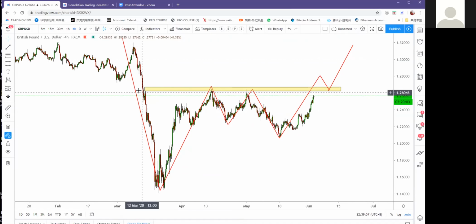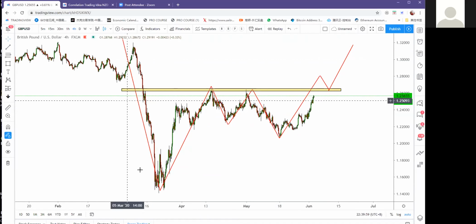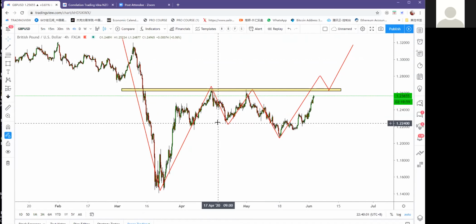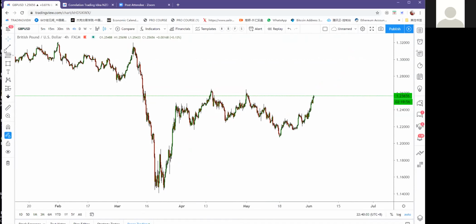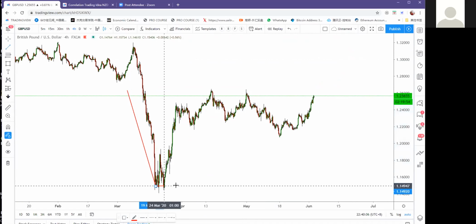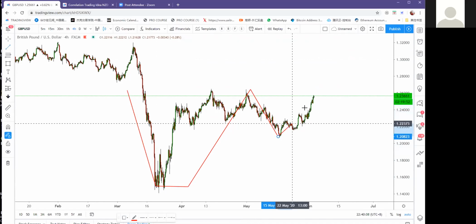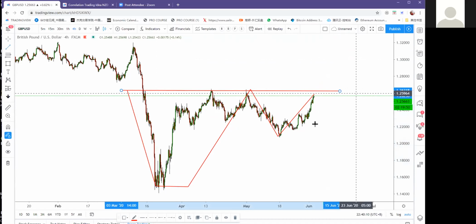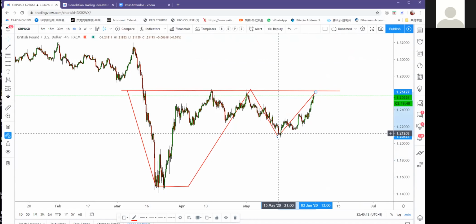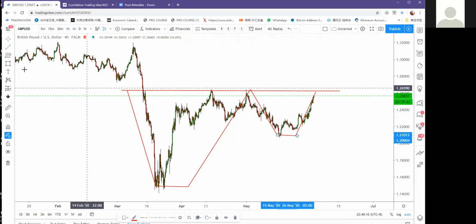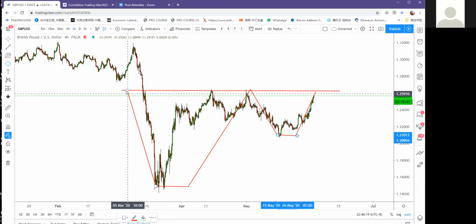Because this actually makes a super good bottom pattern, which is a cup and handle. You can consider this as a cup and handle. You agree? This is a handle and this is a cup.